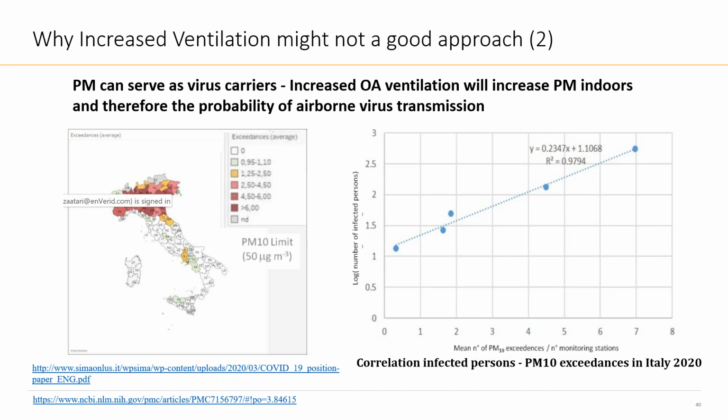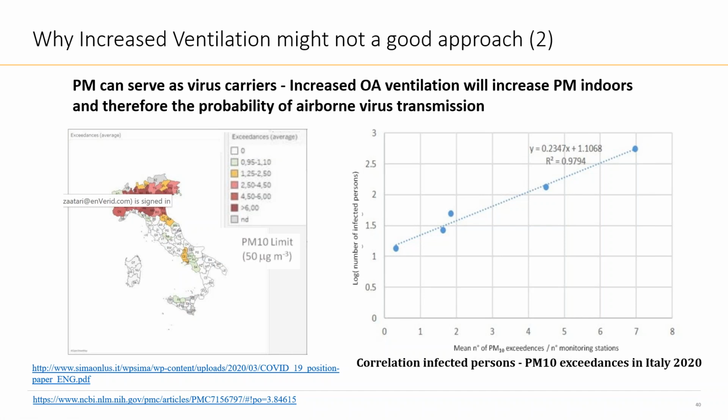The virus will not be deactivated, but attached to these particles and will be transported with them. This is a little bit frightening, but it's very important to take into consideration. And first, I understand that correlation doesn't mean causation, but we observe the same trend in China.